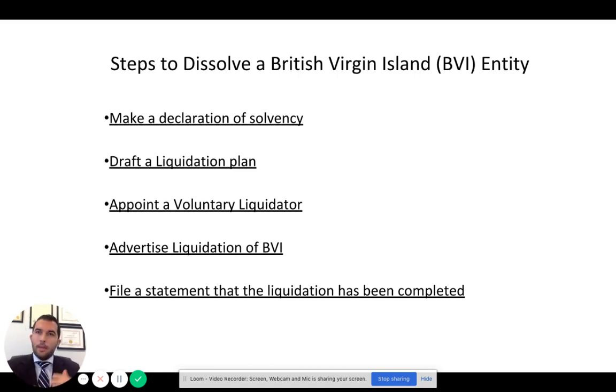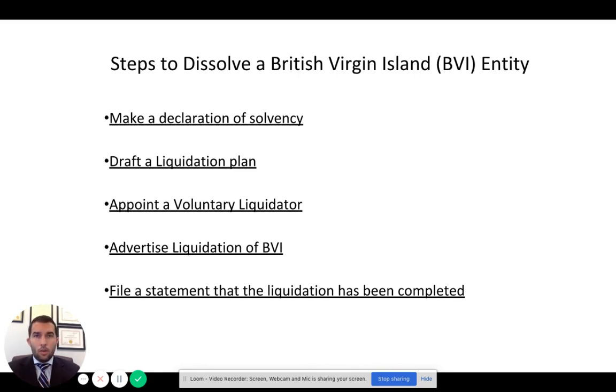So just to go back, you make a declaration of solvency, show the statement of assets and liabilities, basically showing proof that the company has value and doesn't have more liabilities than assets at the time of closing. You draft a liquidation plan where you are appointing a voluntary liquidator.